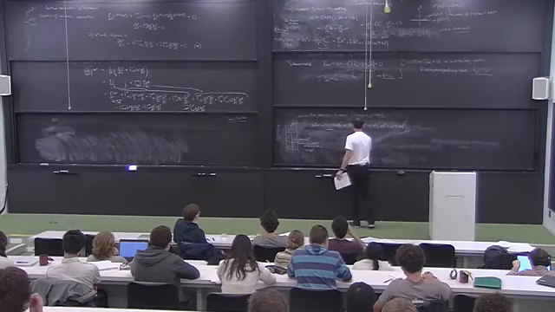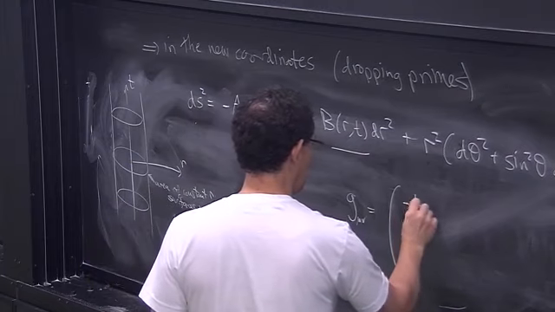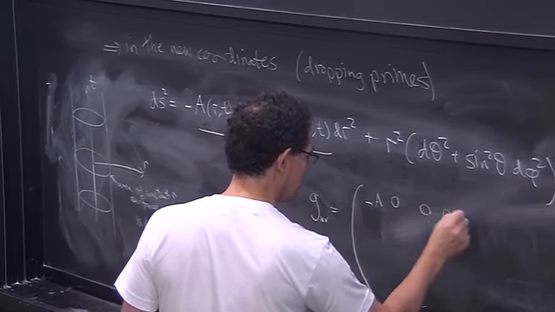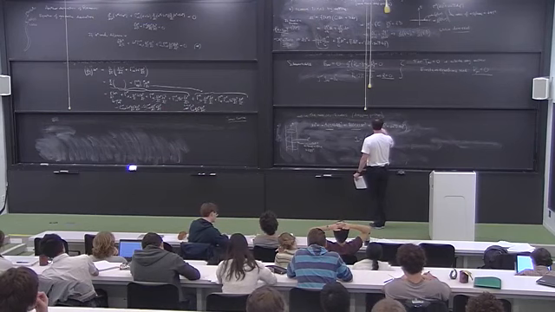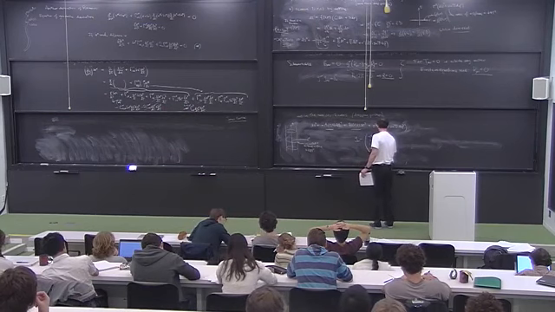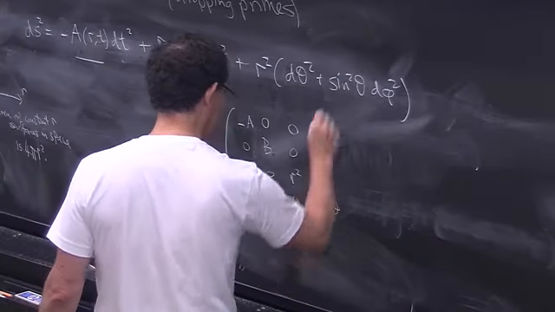okay, so here we obviously have g mu nu is a 4x4 matrix: minus A, 0, 0, 0, not so many zeros, B, 0, 0, 0, 1, 0. Actually, no, this is r squared. This is r squared sine squared theta, 0, 0.